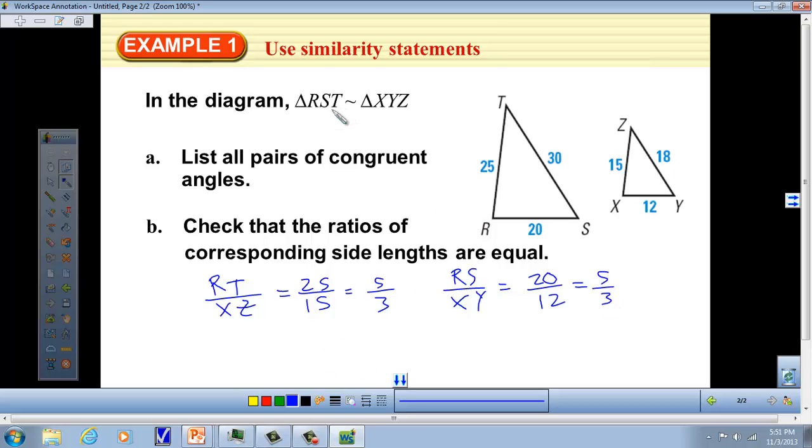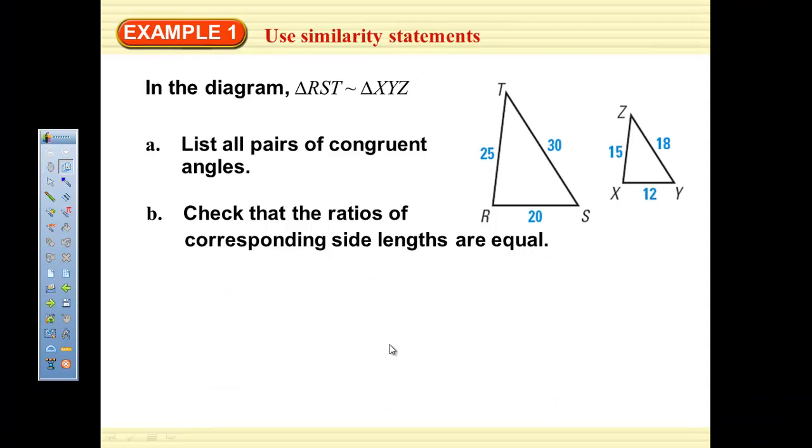And finally, we've got ST and YZ, so we would write ST over YZ. ST is 30, YZ is 18. Dividing both of those by 6, we get 5 over 3. So we can see that the ratios of corresponding side lengths are equal.